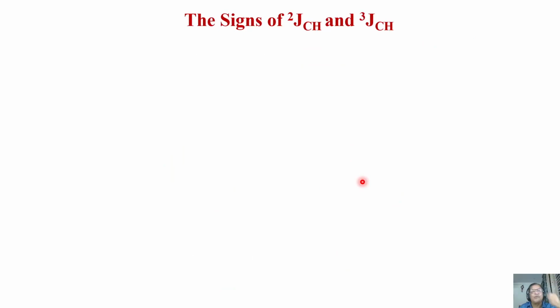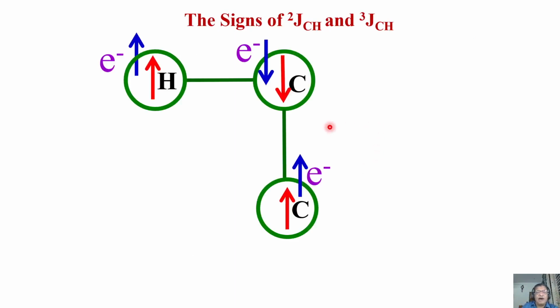Now let us go for 2 bond sign of JCH and 3 bond sign of JCH. I'm considering only proton and carbon. Up to this we understood this proton forces this to orient opposite to this. Now continue further. Because this is orienting like this, as a consequence it forces this to orient like this. You understand the problem? What is happening?